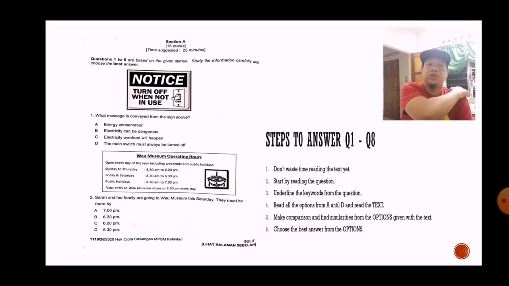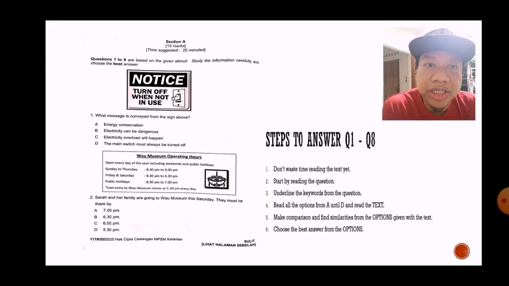Alright, so that is an example of how you can answer section A. Remember again, section A has altogether 15 questions, and there are two parts, and this is just the first part.